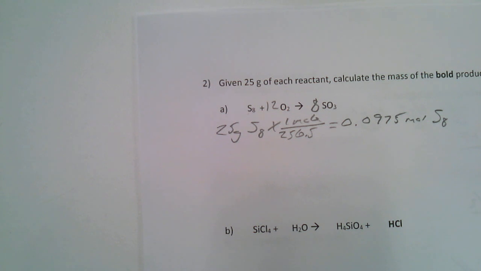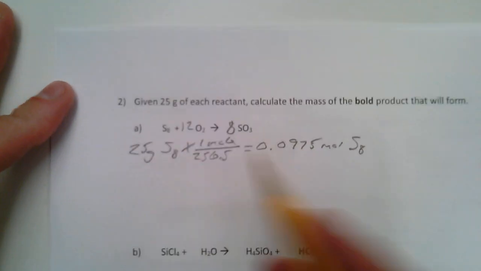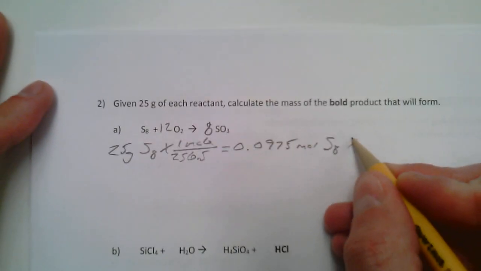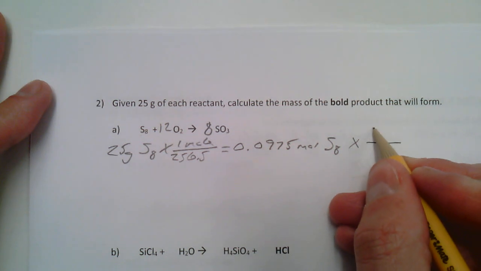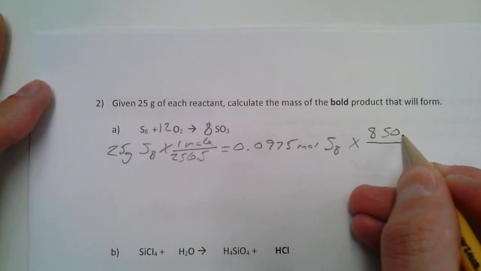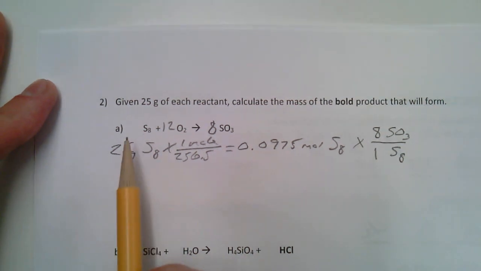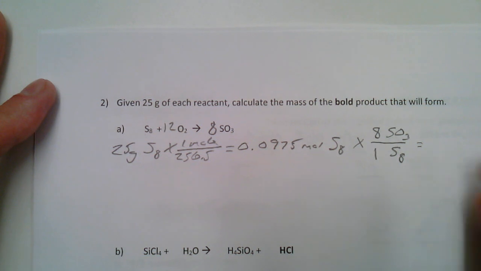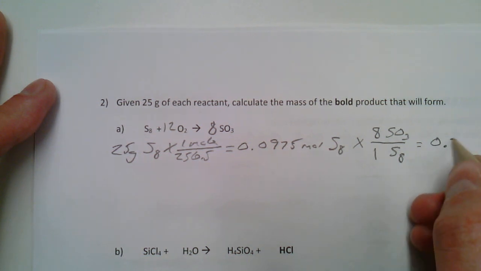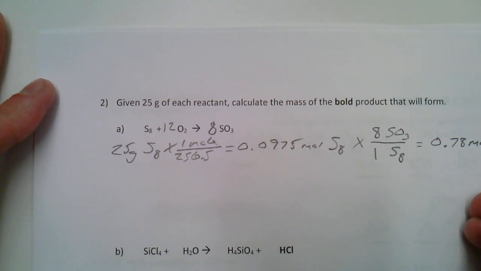So we want to convert that now to the product that we're asking about, which in this case there's only one product. So remember, you multiply it by the ratio of the coefficients. There are 8 SO3s for every 1 S8, just based on the coefficients. So if we do that, we will get 0.78 moles of SO3.